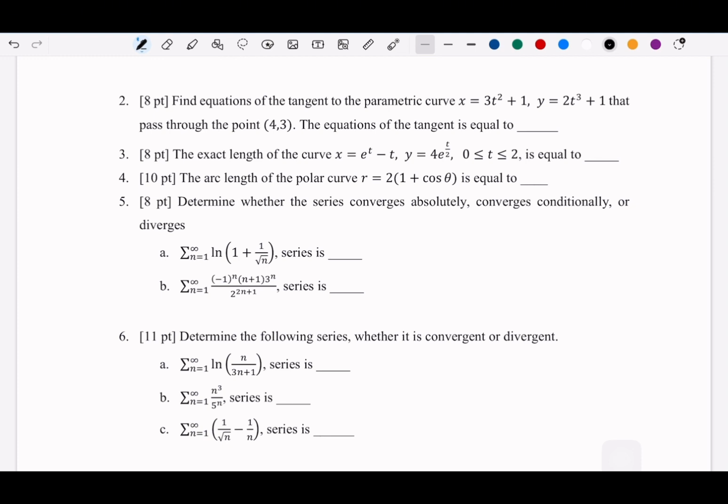Anyone? Which one? Probably 1 to 6. We have done 4. 5 or 6. Do you want to try 5? Okay, maybe 5. It's interesting. Okay, let's try 5.